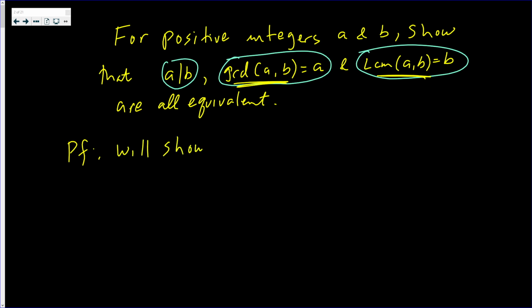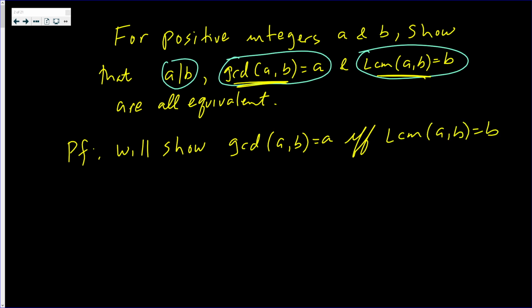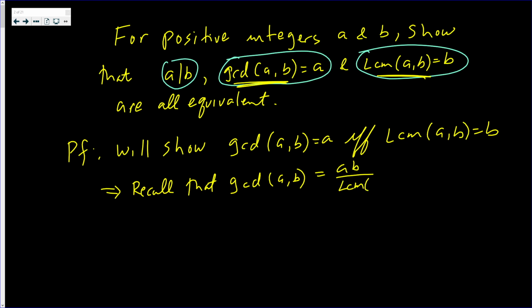We'll show the GCD of a and b equals a if and only if the LCM of a and b equals b. But this is actually pretty obvious. Recall that the GCD of a and b is ab divided by the LCM of a and b.